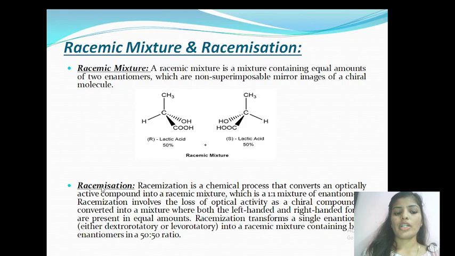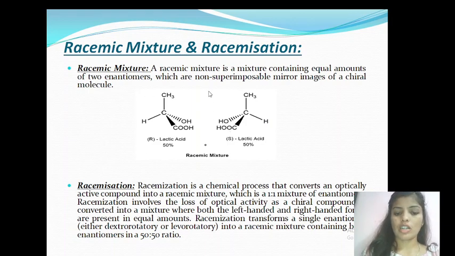What is racemization? Racemization is a process that converts an optically active compound into a racemic mixture. The process of making the racemic mixture is termed racemization, which consists of a 1:1 mixture of two enantiomers.